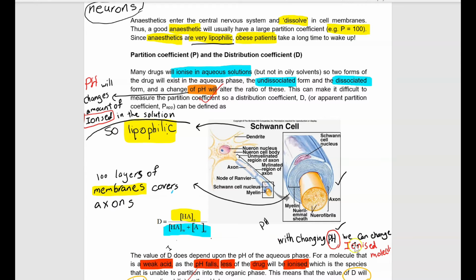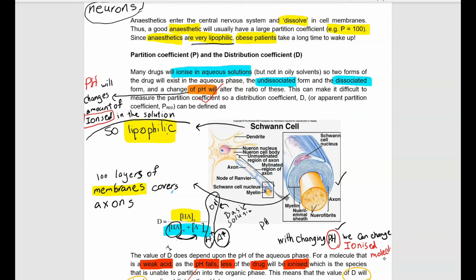With changing pH, we can change the amount of ionized molecule. For example, if we add some basic solution, more whole molecules will dissociate and produce ionized ones to neutralize OH.